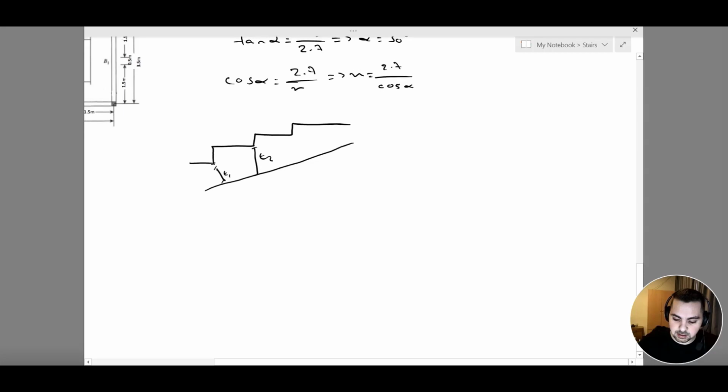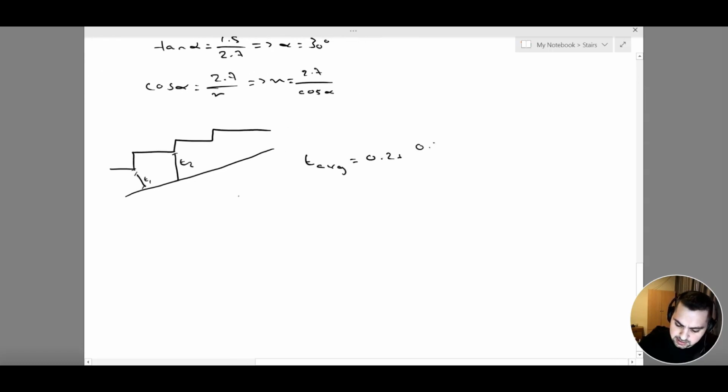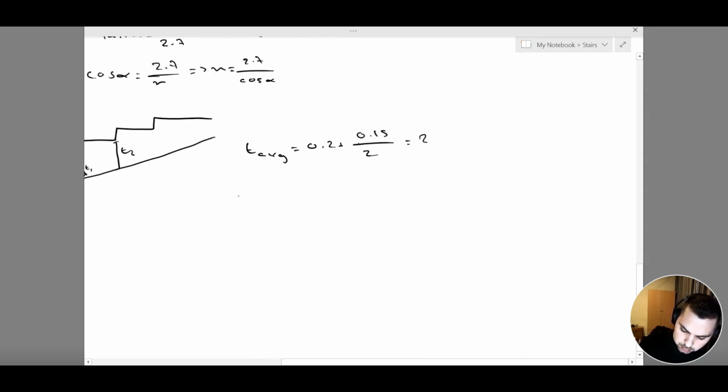So T average equals T1, which we just found, 0.2, plus the riser thickness, which we usually take as 0.15, divided by 2, which will give me a value of 27.5 centimeters. So this is the value that we are going to take.